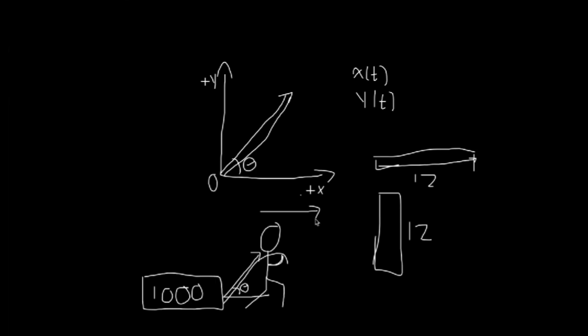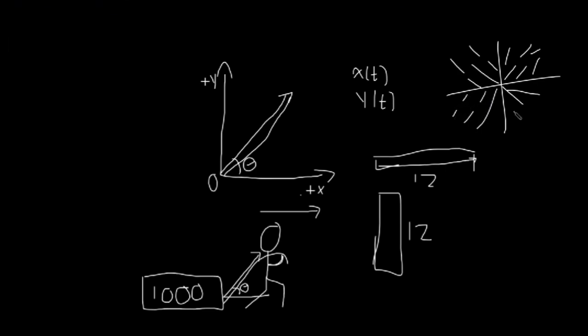Now, a vector field and a scalar field. A vector field would have many different sizes of arrows going this way. Just imagine that at the end of each line, there will be an arrowhead. This is not very well drawn, but you get the idea.